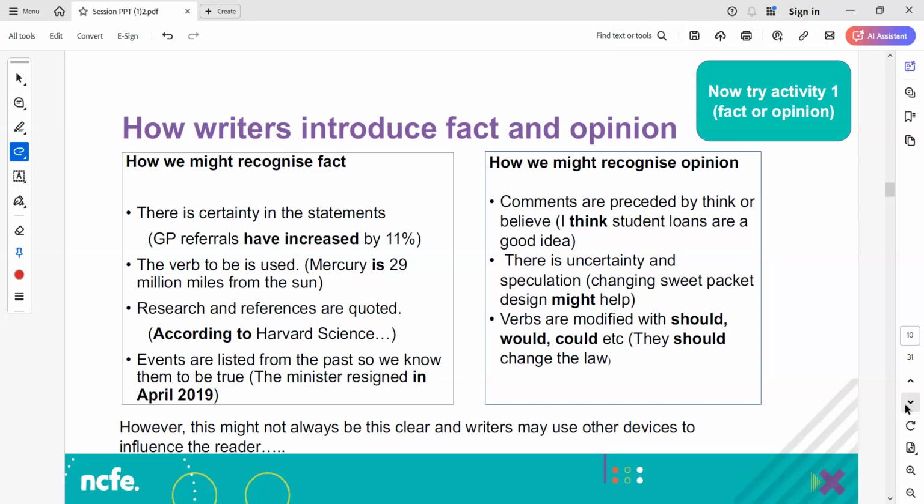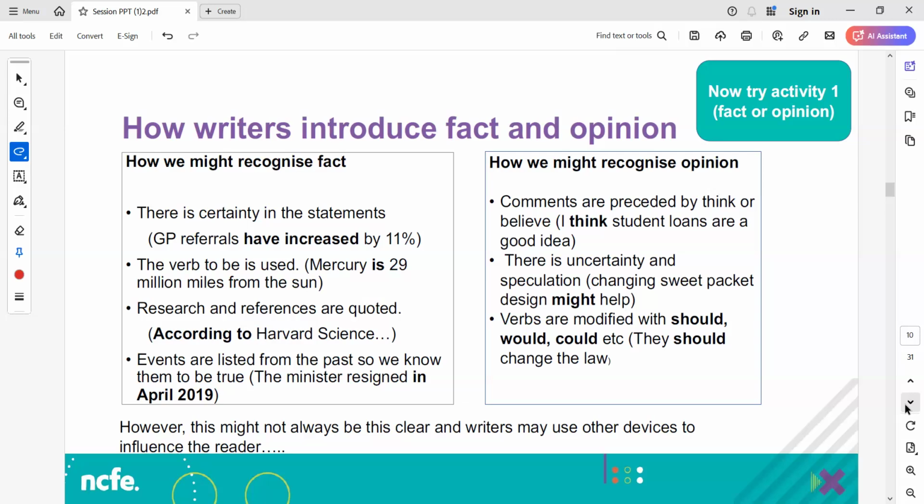Okay, so how we might recognise fact. There is certainty. So GP referrals have increased by 11%. So not that they might increase or they're hoped to increase, but they have. And it gives us the figure, which again, we could check.